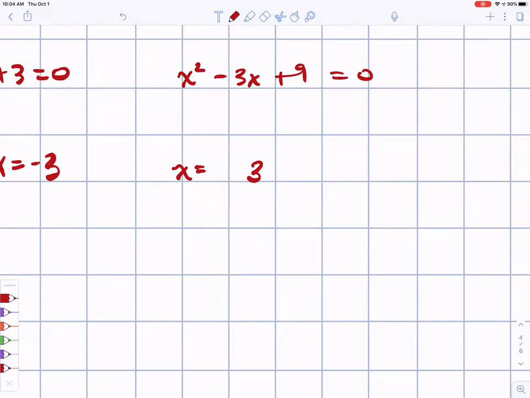He needs help. Plus or minus square root of b squared, which is 9, minus 4 times a times c.